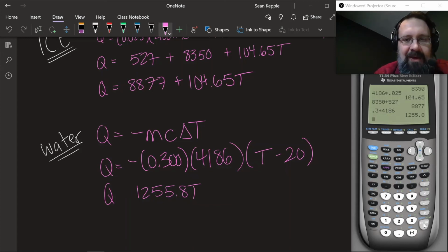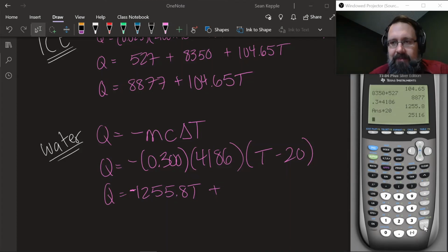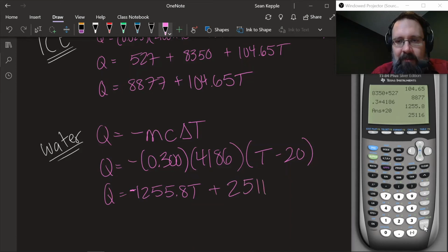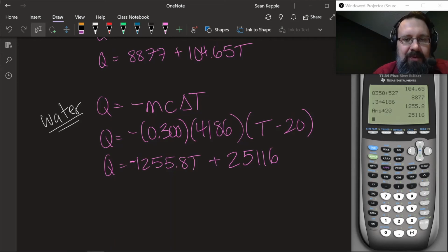Because of this negative, the negative goes through the T. Plus, and we're going to take that same number times 20. So 25116. Okay, so we'll just rewrite this so it looks kind of similar to the one up above.